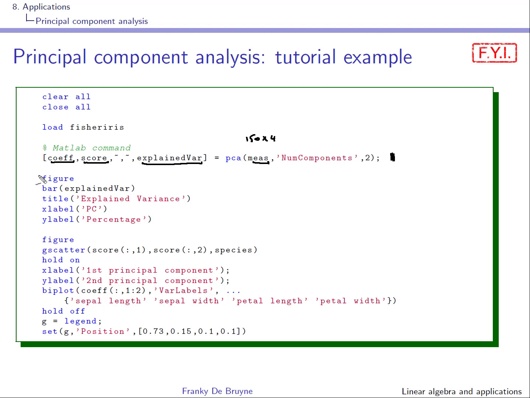The first thing that we do is have a look at the percentage of the variance that is explained by each principal component, and here we have chosen 2 principal components. Then we can make a scatter plot of the first and second principal components, plotting the new coordinates of each flower in this new basis.